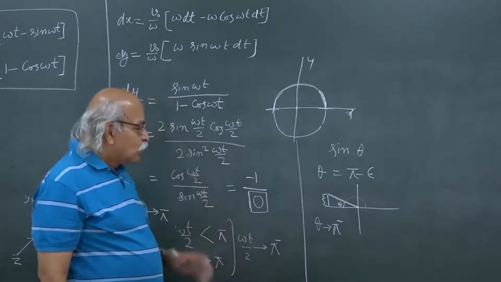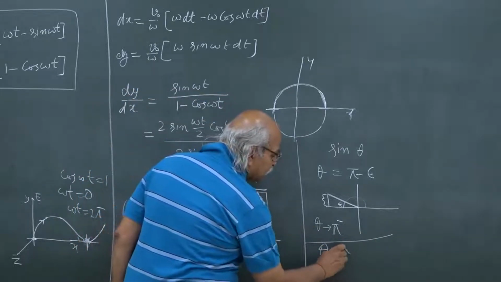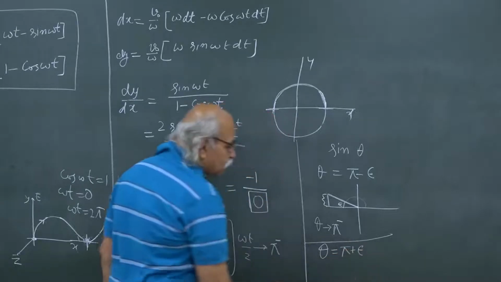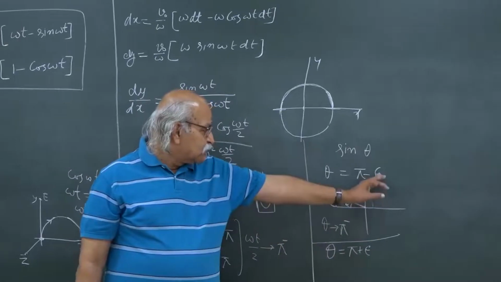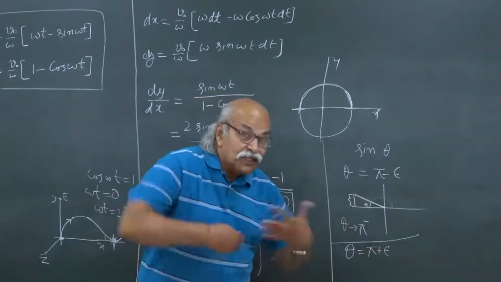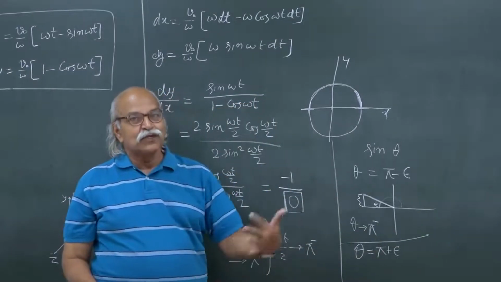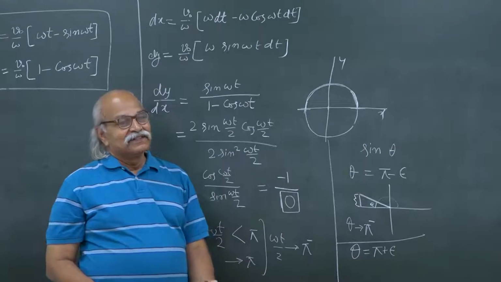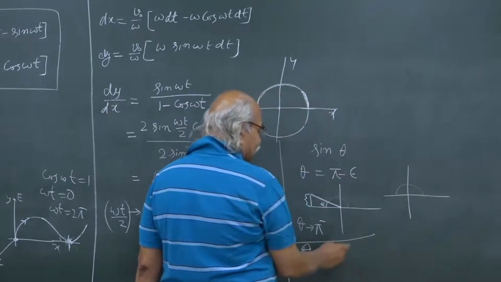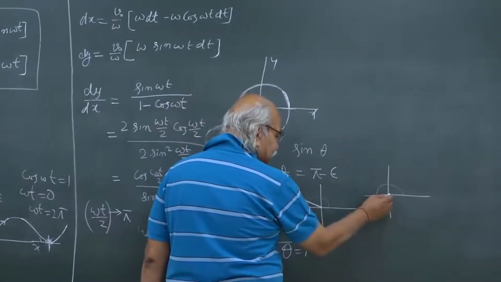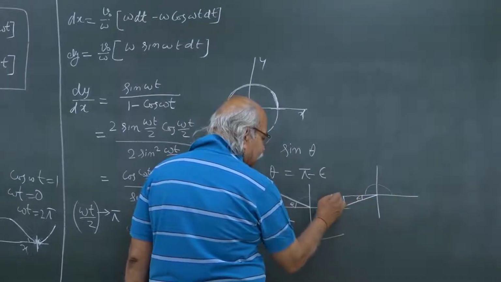This is becoming 0, but all the time it is positive. What if I say that theta is pi plus epsilon? Epsilon is a positive quantity, theta is all the time more than pi, but then we are bringing it towards pi. So what happens? Again draw the figure. This is pi and plus epsilon. What is the sine of this?